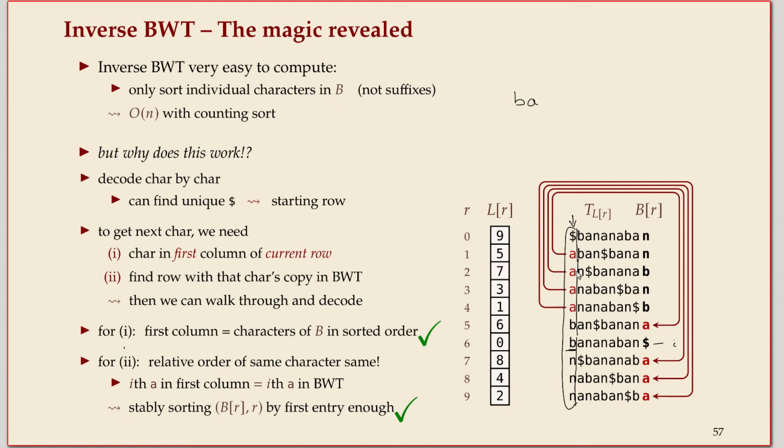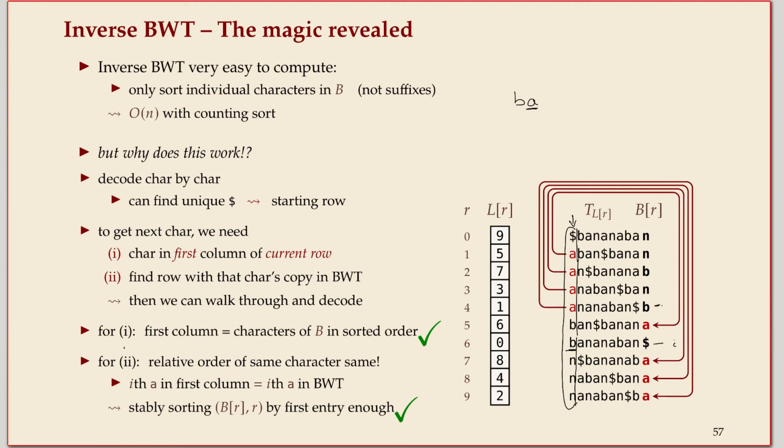If you sort the characters, these A's are all the same, but they represent suffixes of the text, so I can speak of the lexicographically first A. That's the A at the beginning of the suffix A ban. The second A in sorted order is the last one, that's just N. The third one is the N-band first letter, and the last one is actually our A that we just decoded.